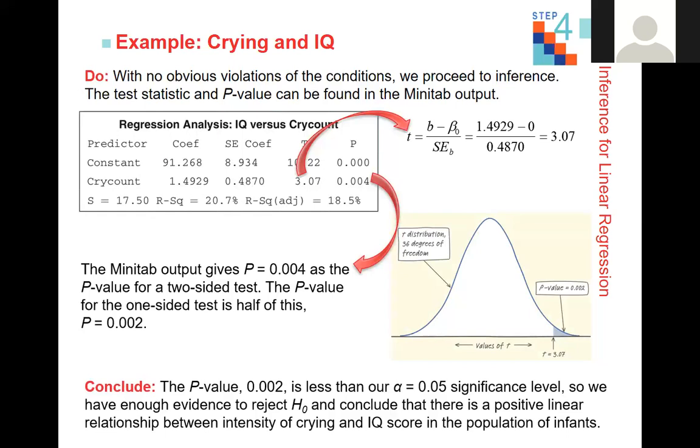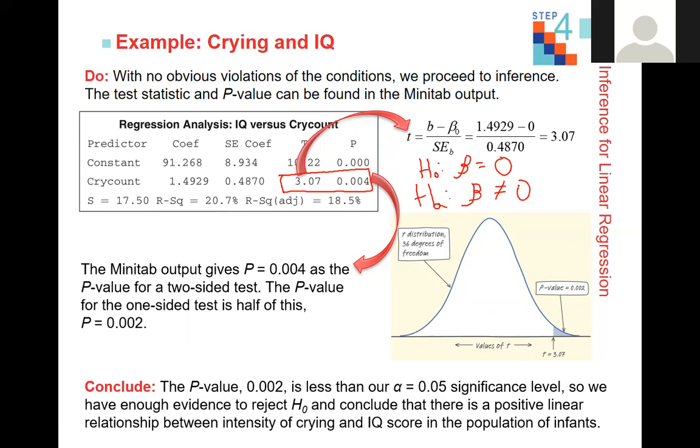Now, let me point out one more thing that you may have noticed them using arrows to point to. The t-score and p-value here that they show. This is the t-score and the p-value for the two-sided hypothesis test, beta equals 0 versus beta is not equal to 0.